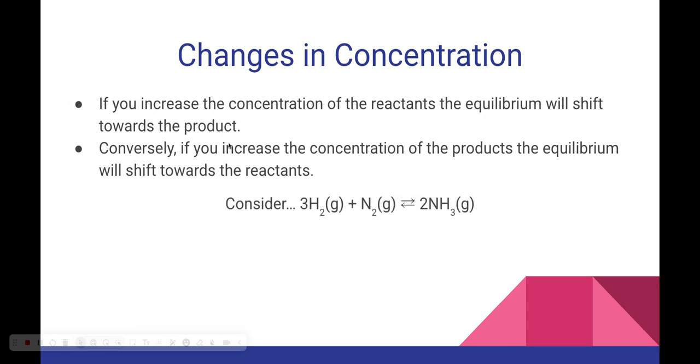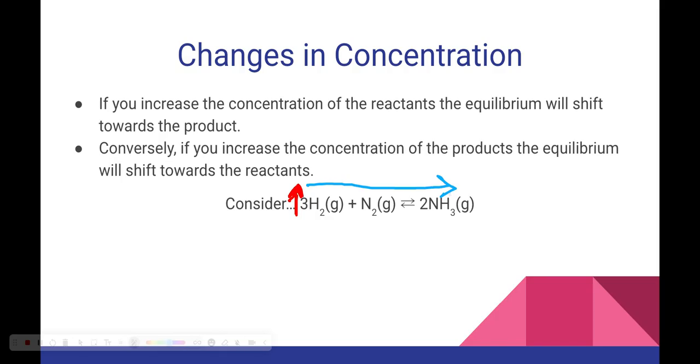So if we consider hydrogen gas reacting with nitrogen gas, and they form an equilibrium with ammonia gas, what ends up happening? If I increase the concentration of, say, my hydrogen gas here, according to Le Chatelier's principle, I've increased the concentration of a reactant, so the equilibrium will shift to the products, okay?